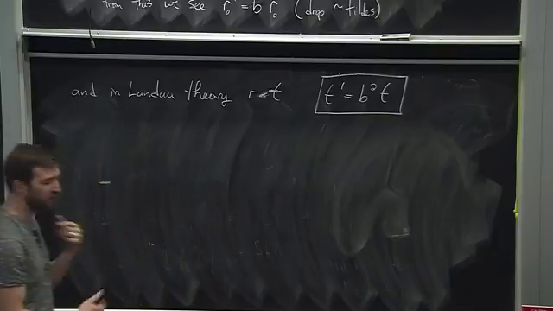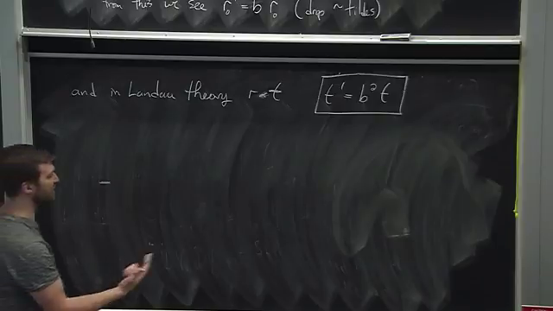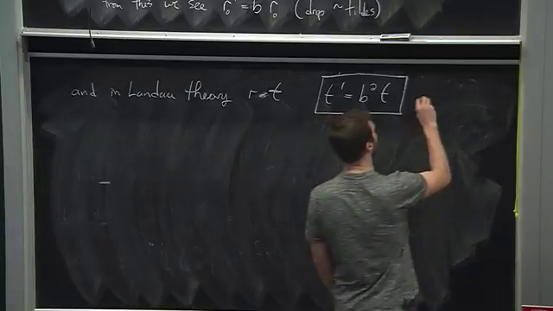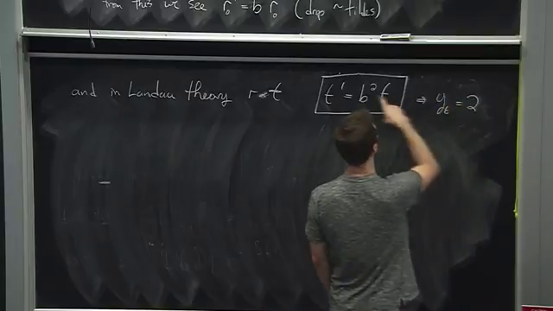Which is fine, because you know there's only one relevant variable, and that's that temperature. So the scaling dimension, which we called y subscript t, is 2. It's just that power.